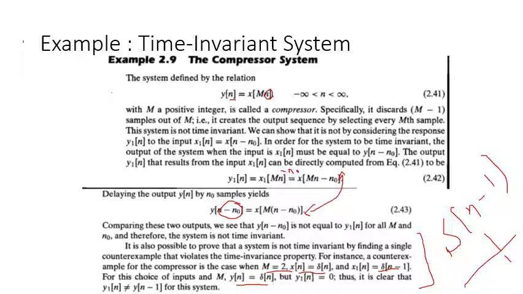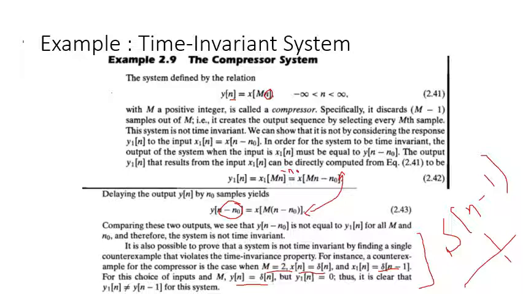Because we have to verify time invariance, if x1 of n is equal to delta of n minus 1, it means we have an impulse that is shifted at 1. For this choice of input, the output will be delta of n.